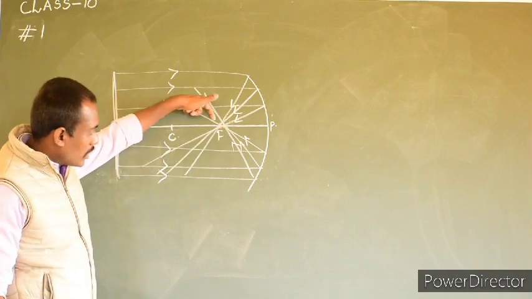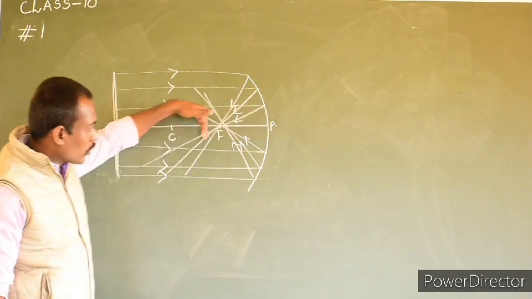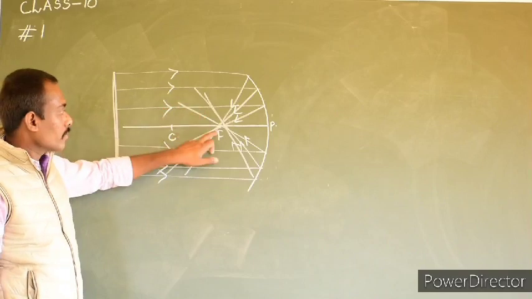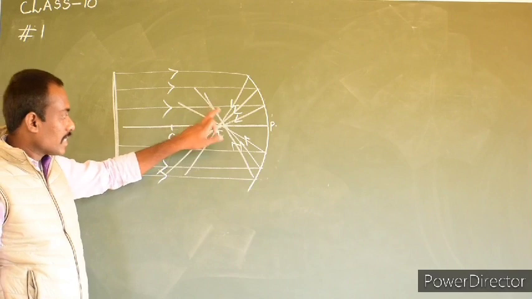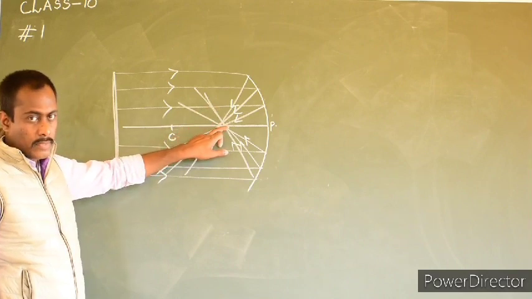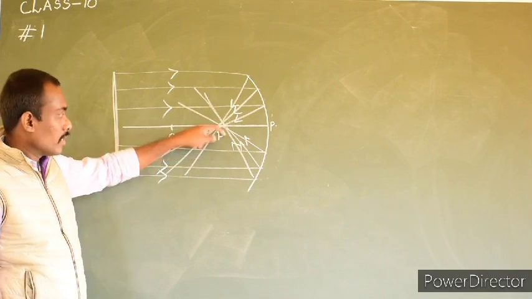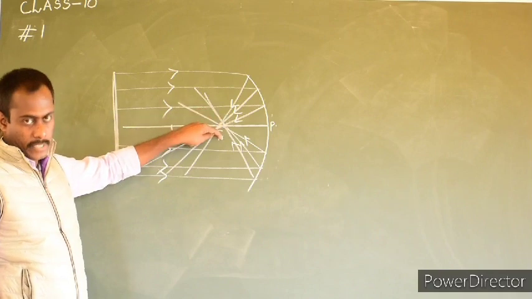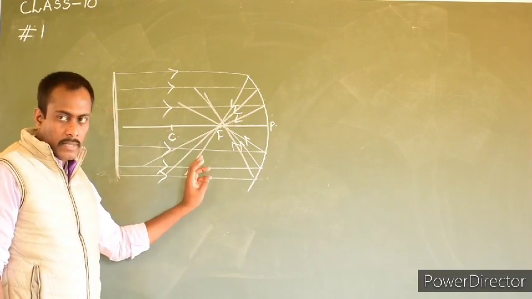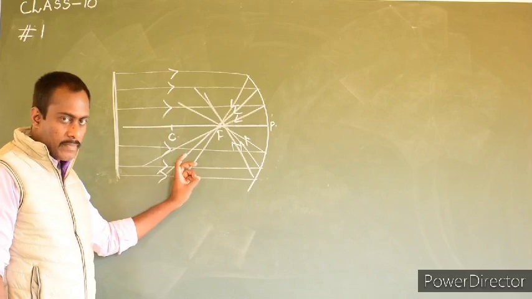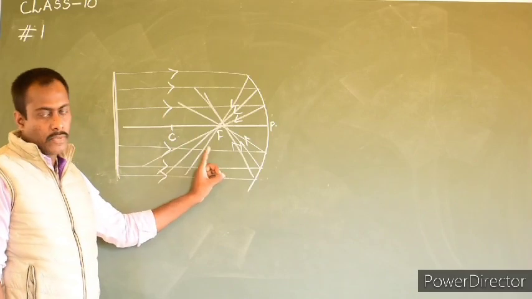Since the image is formed on the same side of the mirror, it is always a real image, and since it is a real image, the nature of the image will be inverted. So the image will be real and point size, and it is inverted.